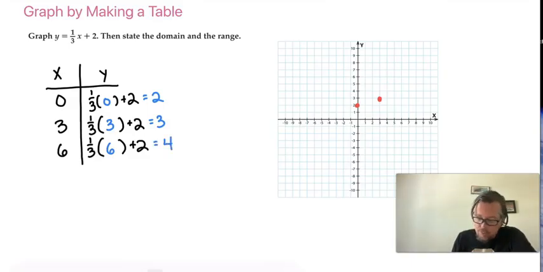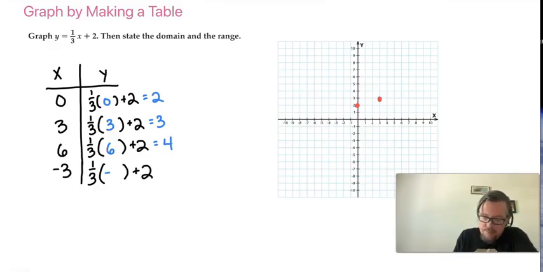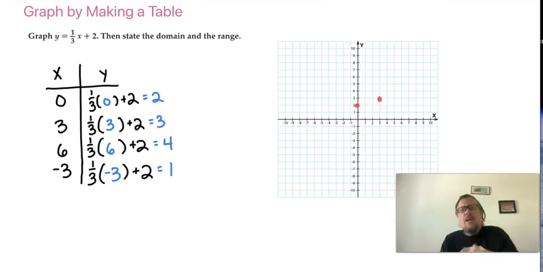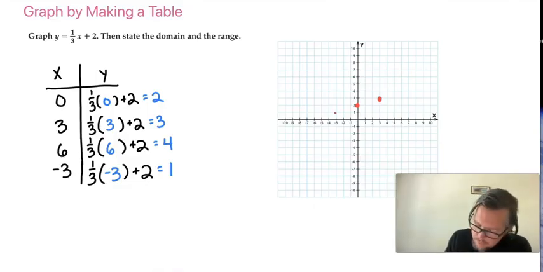Another really good choice that you might be thinking of would be the point -3, if you're brave enough to do negatives, because 1/3 times -3 is -1, and -1 plus 2 is a +1. So we just need 1 point. Either one of those are good. If you're cool with negatives, that point is a good one. So -3, 1 would be a good point. And also 6, 4 is a good point. Either one of those are good.